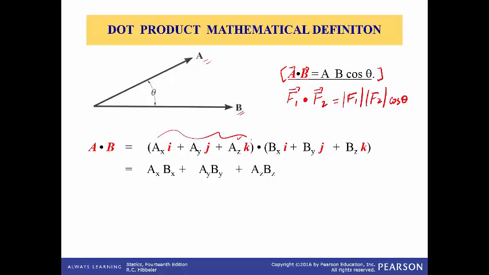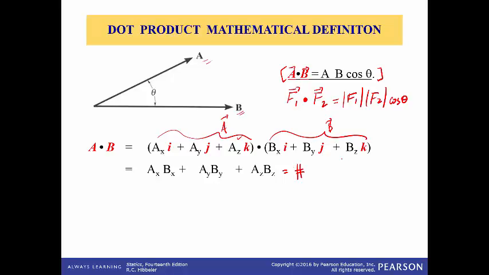So this is vector A and this is vector B. Then it would be AX times BX plus AY times BY plus AZ times BZ. And the result of this is a number. So what it does is it gives you a magnitude.